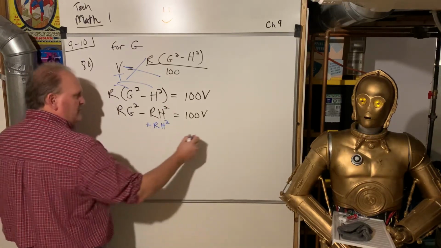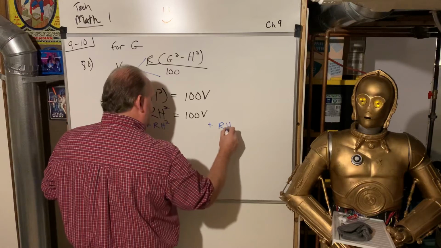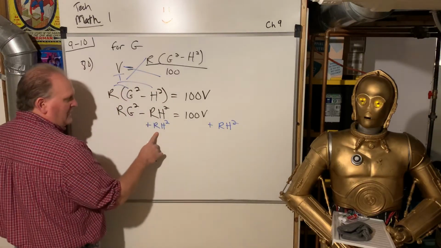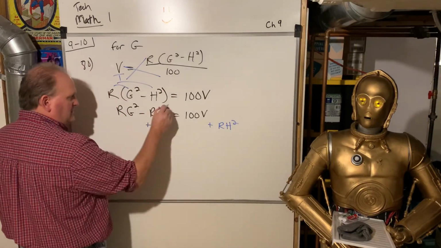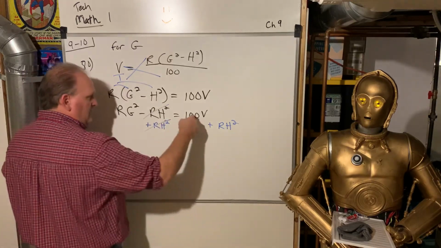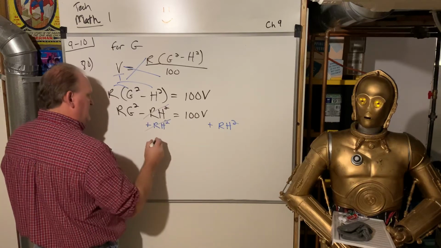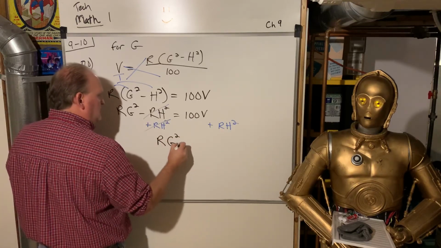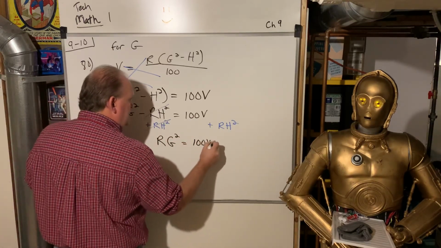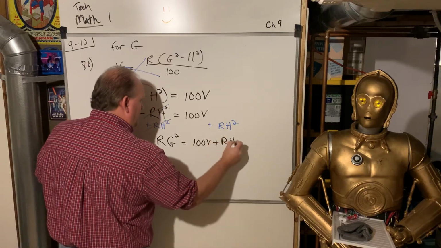That'll zap that from this side, but we got to do the same thing to both sides of the equation. So I add RH squared to a minus RH squared. Those are gone. I add it to that. I really can't because those are unlike terms, so it just stays. G squared equals 100V plus RH squared.